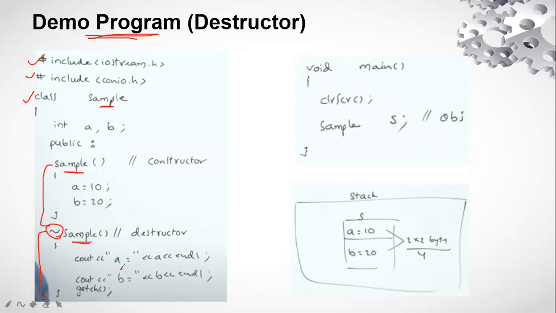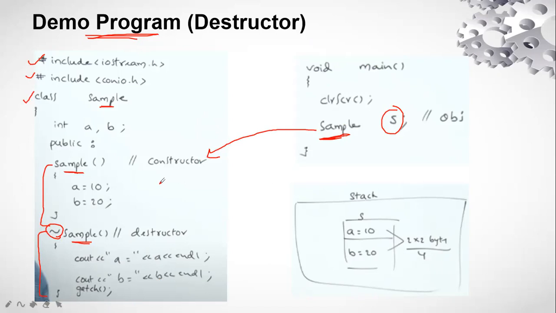Within the curly braces, I have defined cout a and cout b, and closed the braces. Now I'm defining the main function. In the main function, I have instantiated the sample class, so I've created an object S of class sample. So this is the constructor. As soon as this is executed, it will move to this particular part.